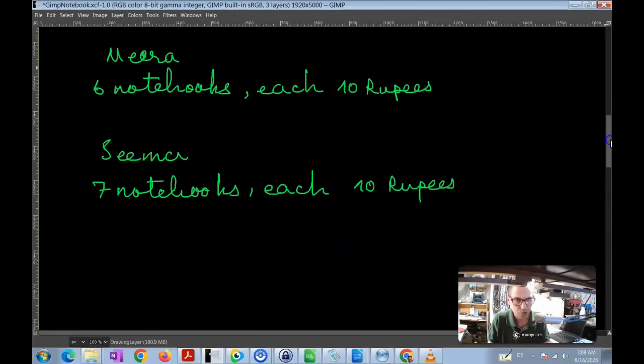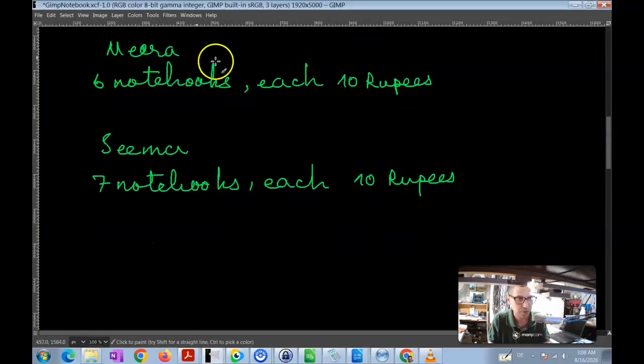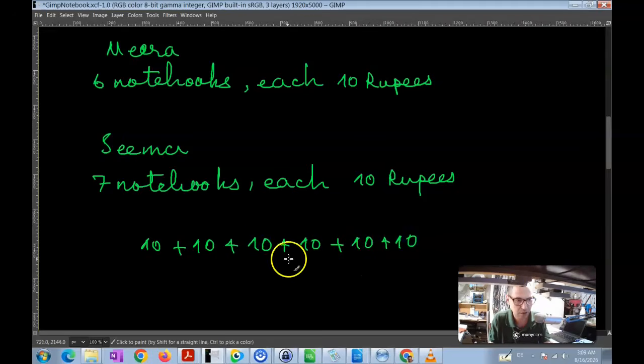Now in order to calculate the amount of money, you buy 6 notebooks, and 1 notebook costs you 10 rupees. So that means 10 plus 10 plus 10 plus 10 plus 10 plus 10 rupees, 6 times, right? That would be 60 rupees, right?